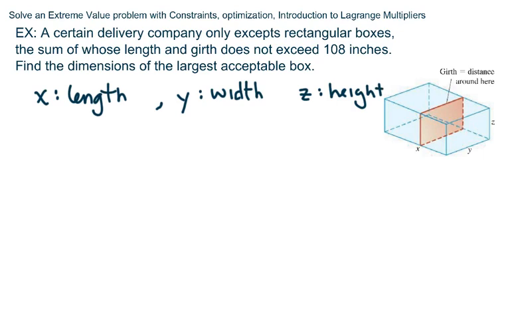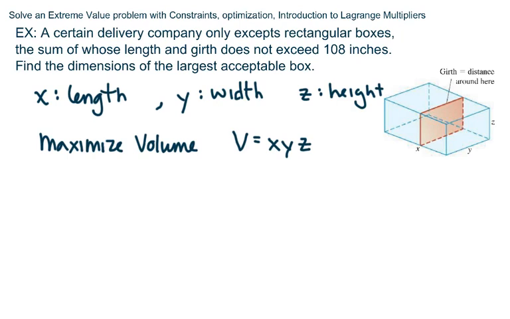So if we want to maximize volume, we want to be able to get the most stuff in this box. So the volume equation is V equals x times y times z.